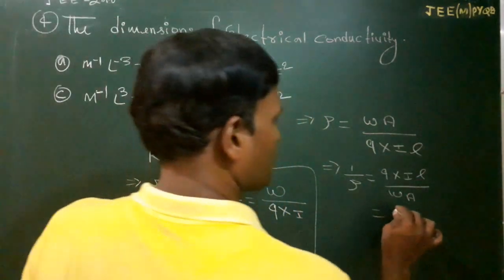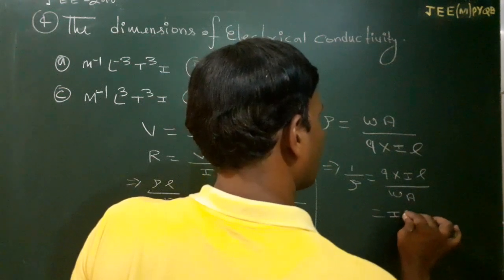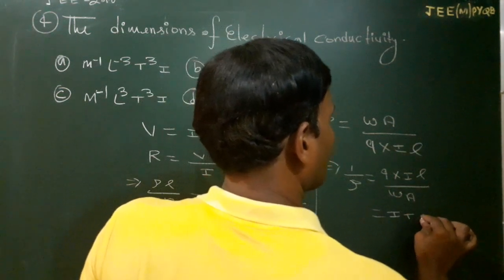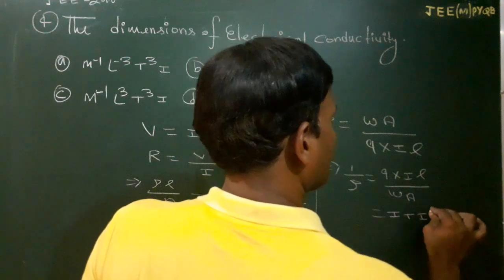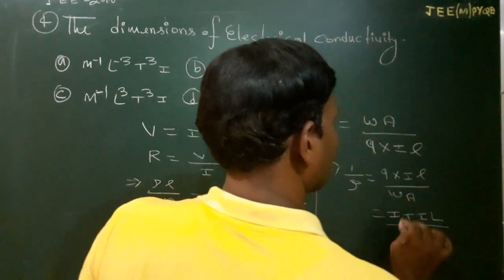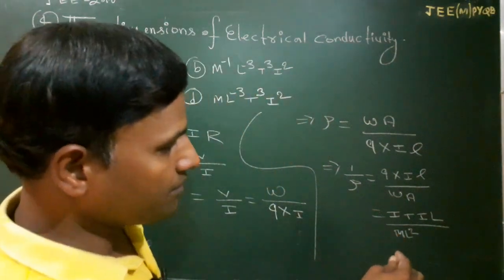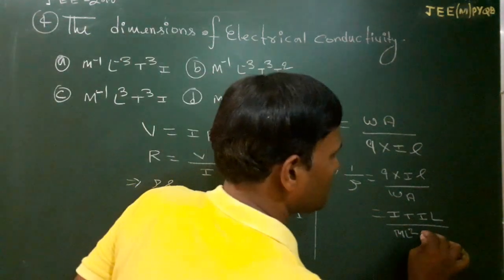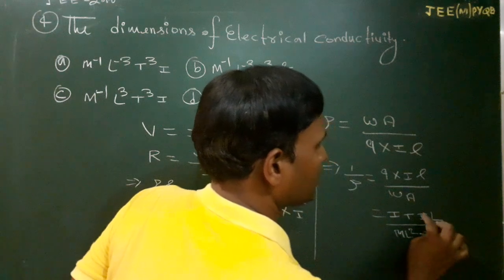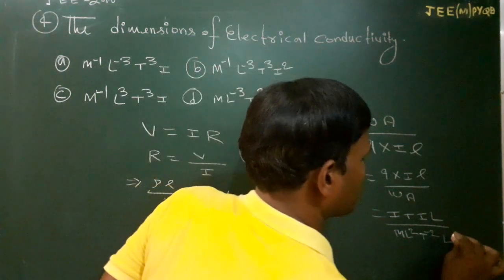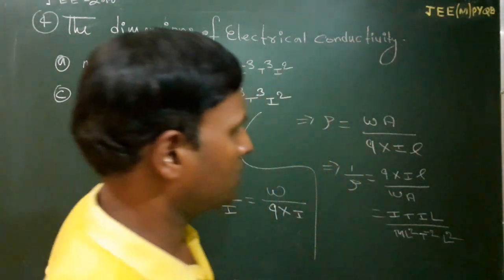So Q is equal to IT, I is already given, L is L, W is M L2 T minus 2, and A is L2.